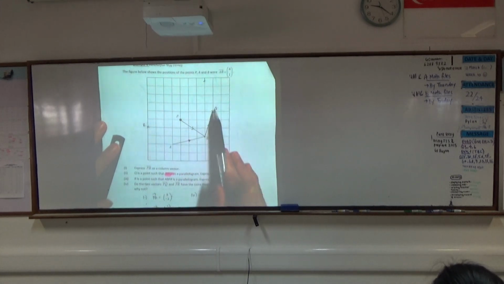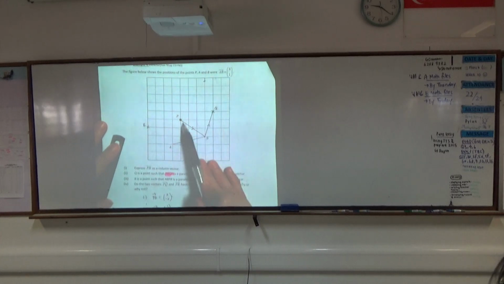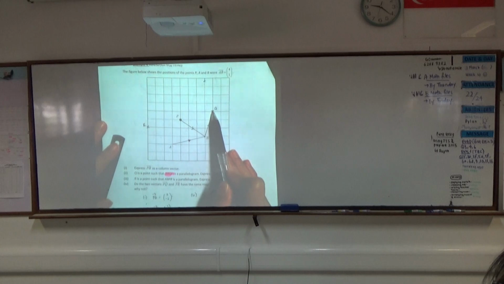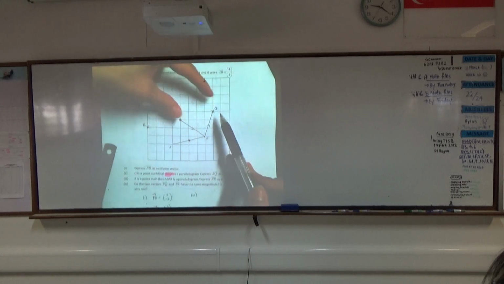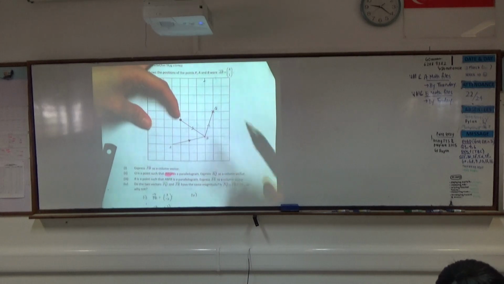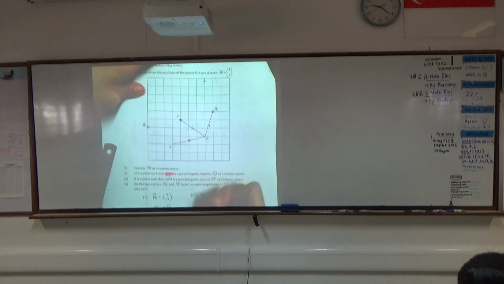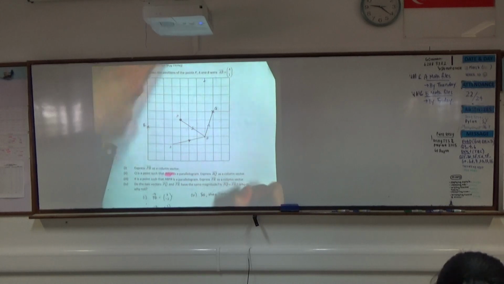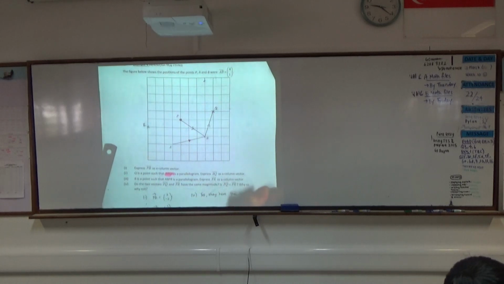Likewise, ABQP is a parallelogram, so AB must be the same length as PQ. So therefore, PQ and PR must be of the same length. So yes, they have the same magnitude.